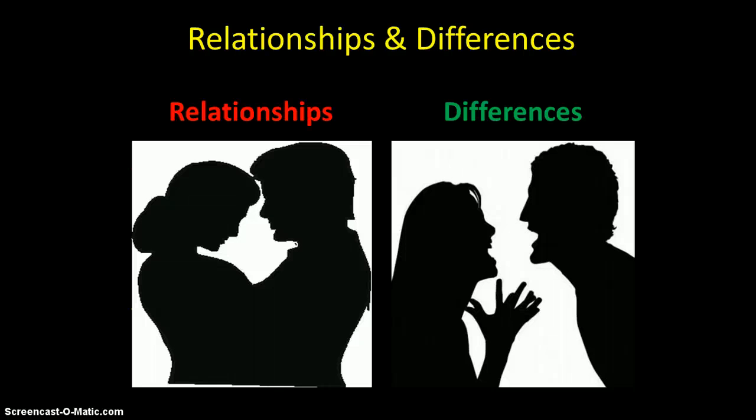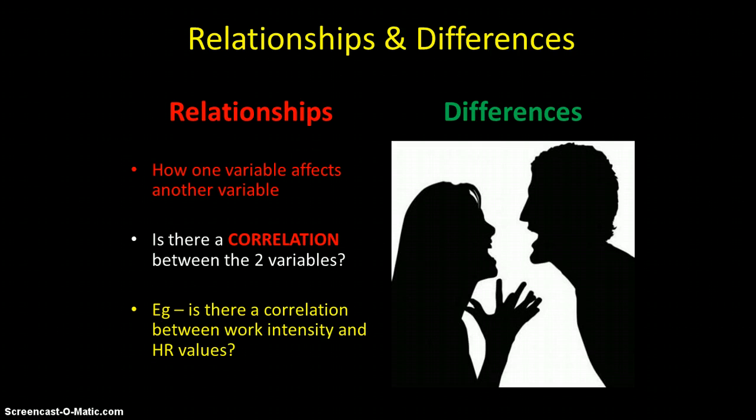Okay, so the 2 categories of quantitative data research that you can do would be relationships or correlations, and tests for difference. So I've tried to use these images here to symbolize relationships and then differences. So relationships actually look at how one variable affects another variable, or is there a correlation, is there a link, is there a relationship between 2 variables?